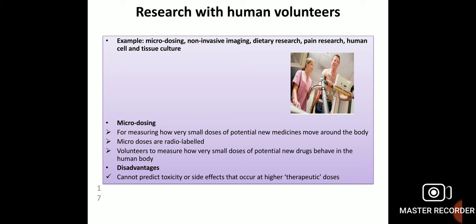One of the alternatives to animal experiments is to use humans in place of animals, for example microdosing, which is a non-invasive imaging technique.